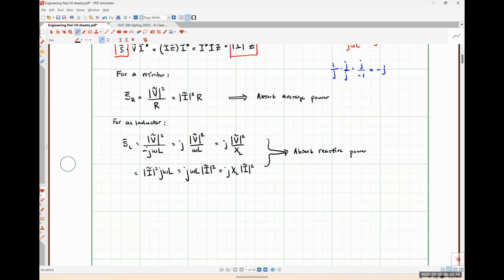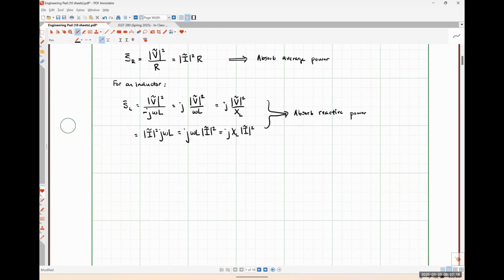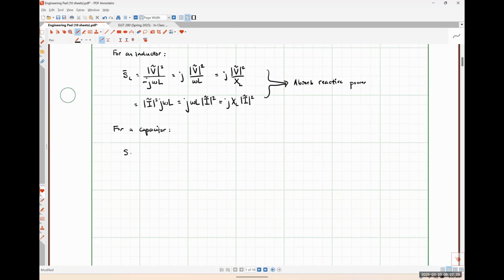Okay. Lastly, we have capacitors. So we are going to have S sub C equal to the magnitude of our voltage squared divided by the conjugate of our impedance. So our impedance is 1 over J omega C, and I need to change the sign on the J to do the conjugate operation.